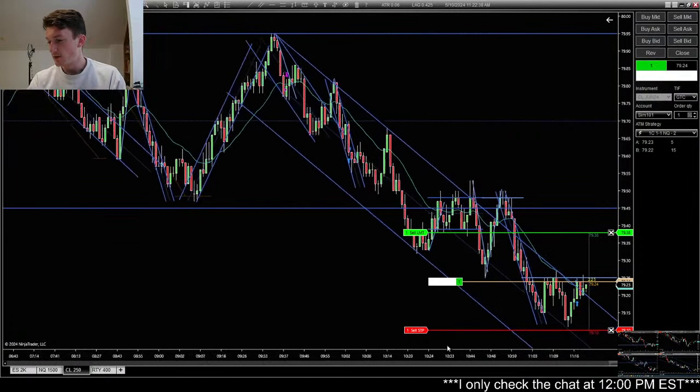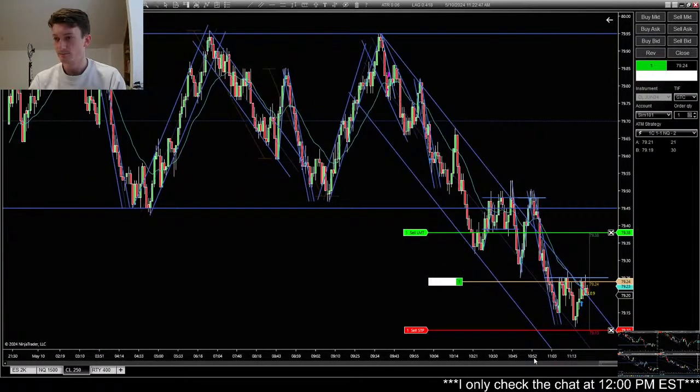CL is definitely running into a little bit of resistance, horizontal resistance right there. So it's possible that it doesn't get on up through there. There's not a terribly great reason to go long. There's just a great reason not to go short. And that reason being that the downtrend has played out. Everything's played out to the downside.